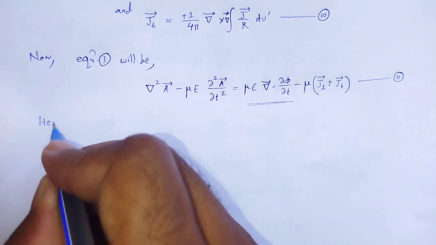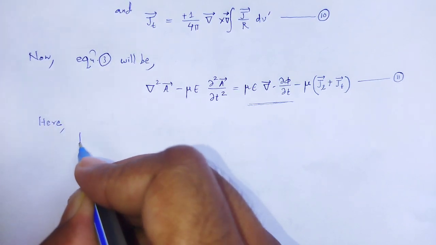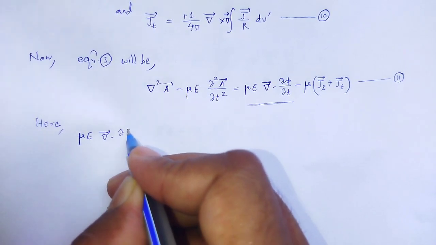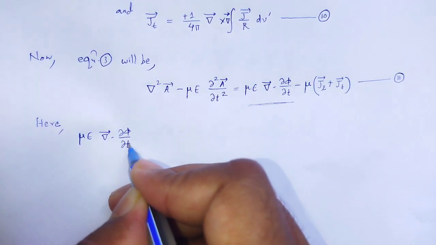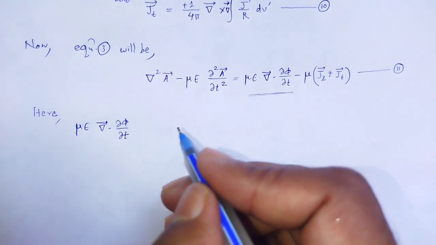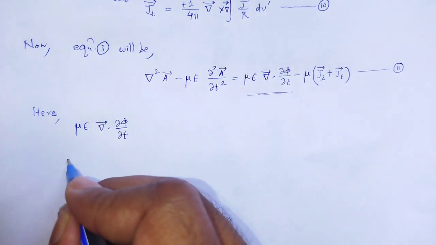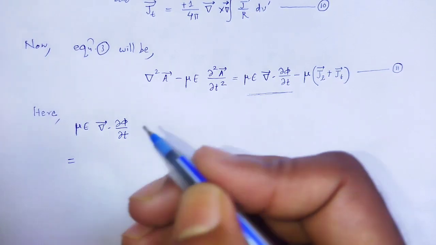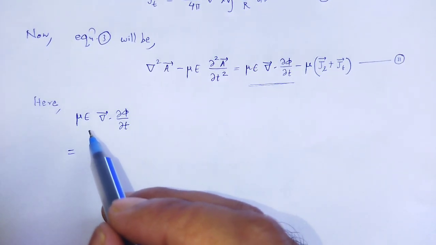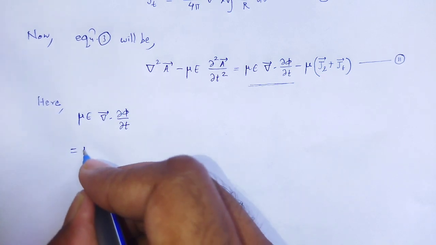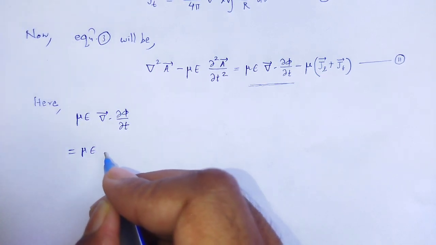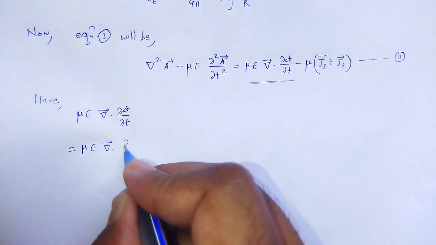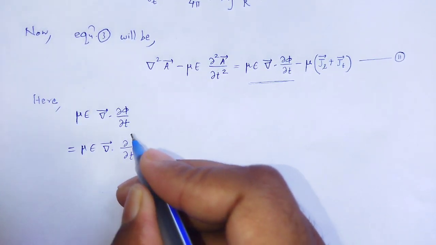Here, mu epsilon grad dot del phi by del t is equal to mu epsilon grad, in place of phi, that is del by del t.